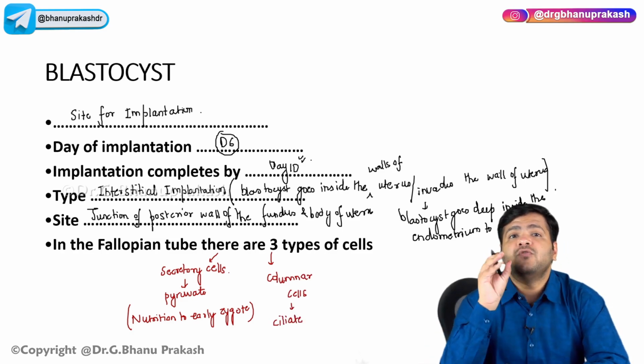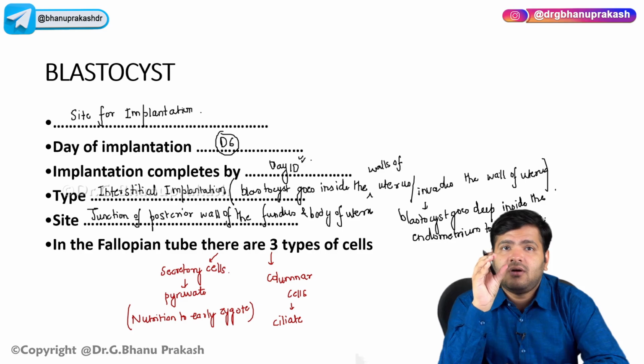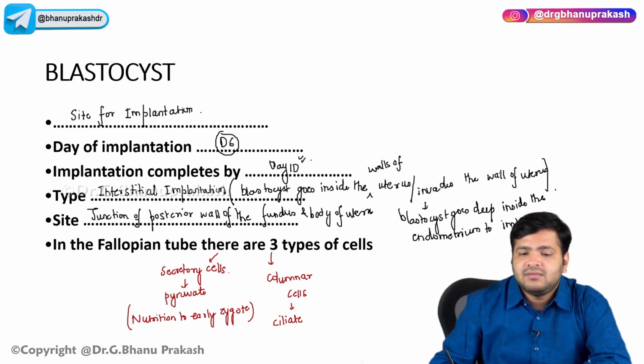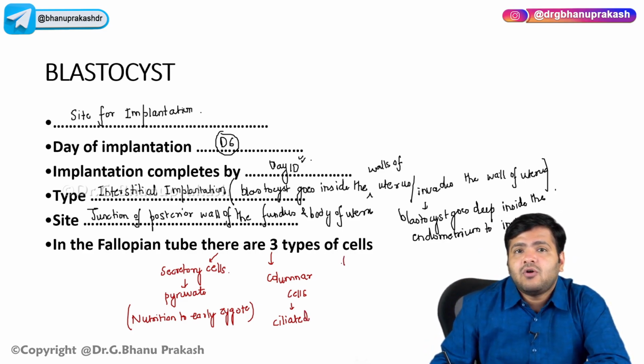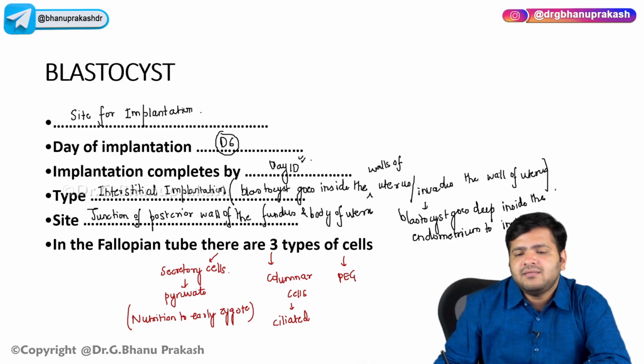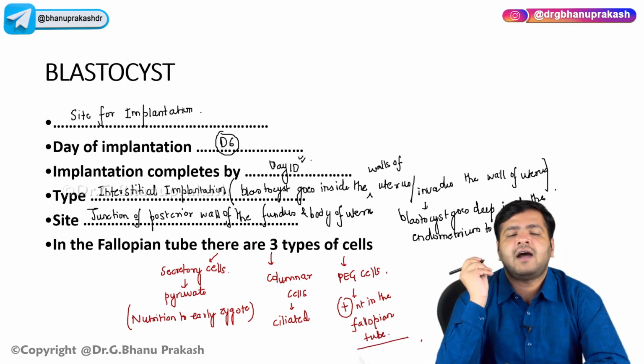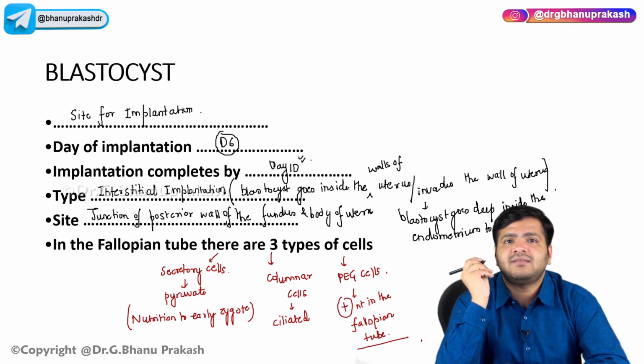They help in the movement of the zygote into the uterine cavity. What is the work of cilia? Motility. So yes, ciliated columnar cells, and also there are PEG cells whose function is not known till now. They are also present in the fallopian tube. So we have the secretory cells, the columnar cells, and the PEG cells, right?